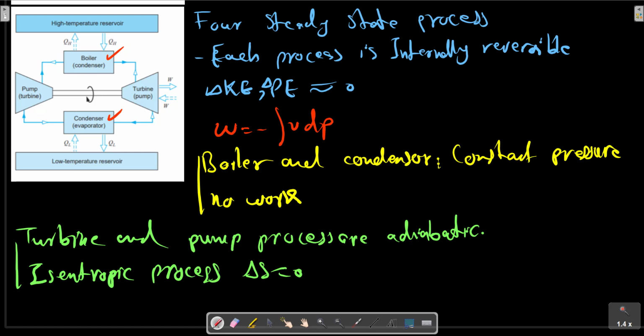Reversible adiabatic means isentropic. Thus, the four processes comprising the cycle are shown in the next picture.